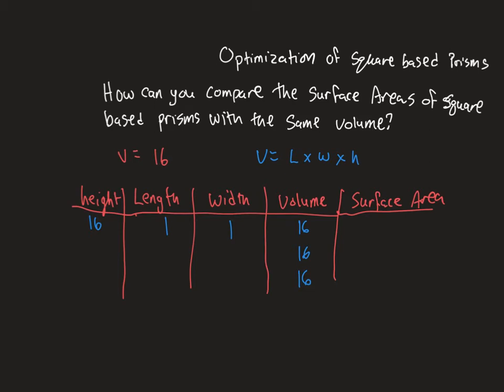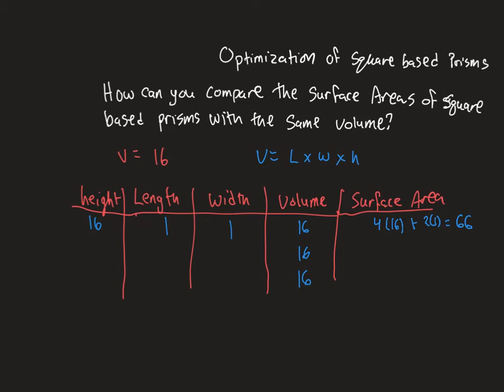And remember, for surface area, you're basically going to take 4 times your height and add to it 2 times your other sides. So 4 times 16 plus 2 times 1. It's going to give me 66. We're just using the square-based prism formula here.